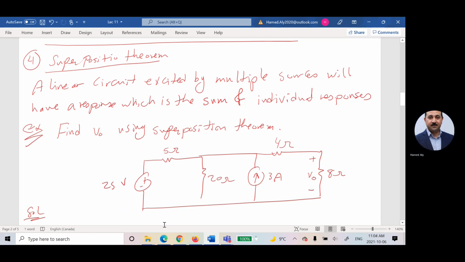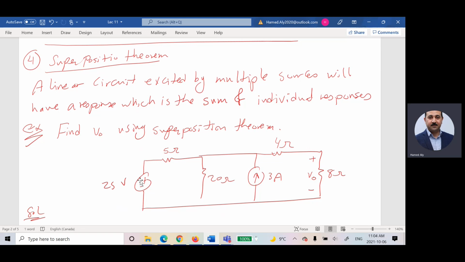Then remove 25 volts and apply 3 amps, the second source, and calculate VO due to 3 amps. At the end, add the calculated VO due to 25 volts and the calculated VO due to 3 amps. This will be equal to VO as if you had those 2 sources at the same time and solved the problem using these 2 sources.